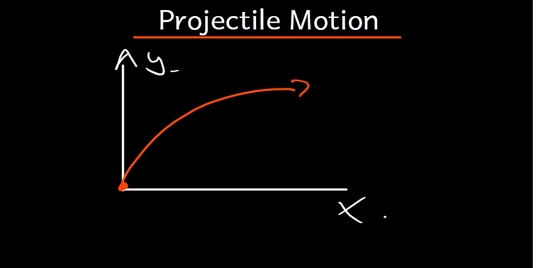Now, there are only three cases which you need to know under projectile motion. I know you know these formulas from free fall motion. The first formula is final velocity is equal to the initial velocity plus gt.